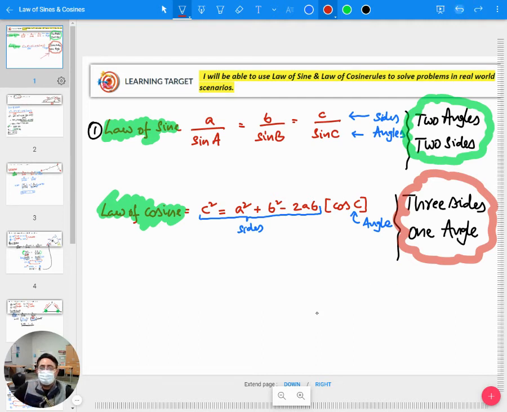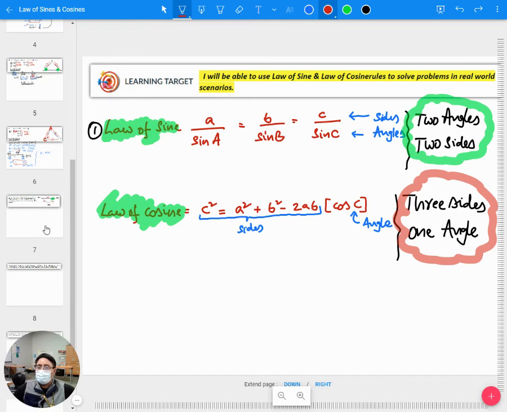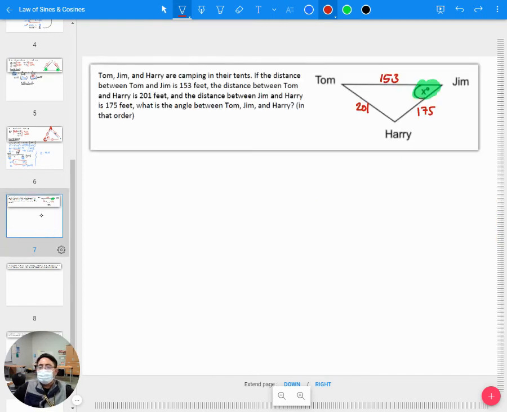Three sides and one angle means we have to go with the law of cosine. So let me copy that here. Law of cosine. First of all, if you label the parts, it becomes pretty easy: c square equals a square plus b square minus 2ab times cos c.